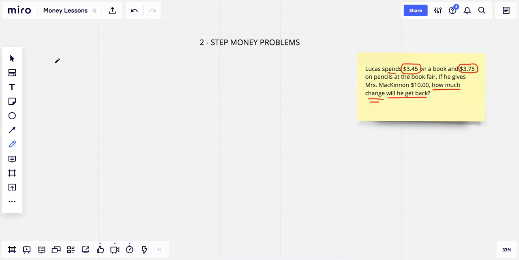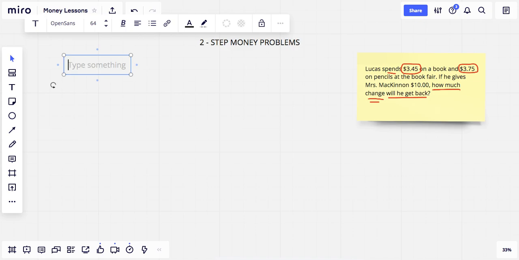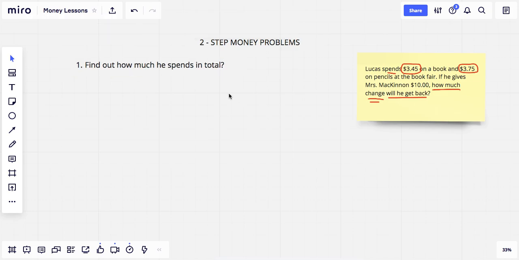So the first thing we need to do in this problem is find out how much he spends in total. So how much is he actually going to pay for these items?